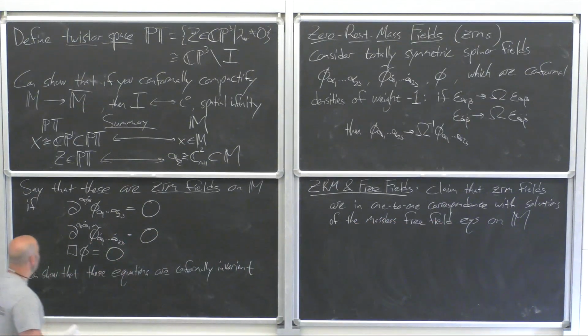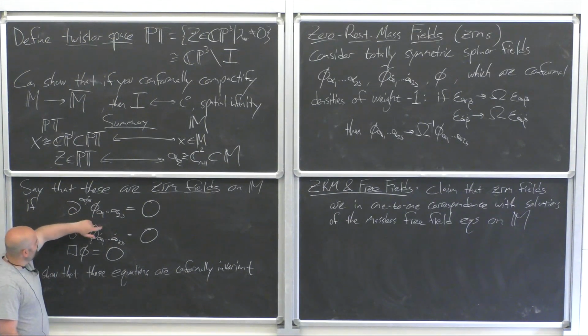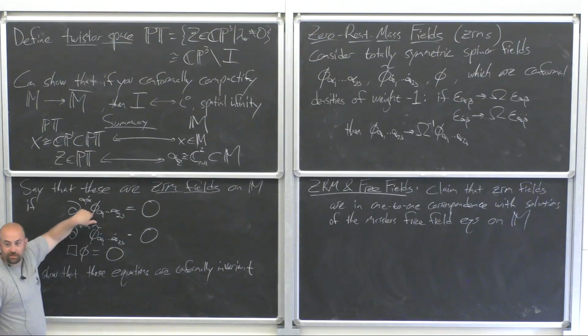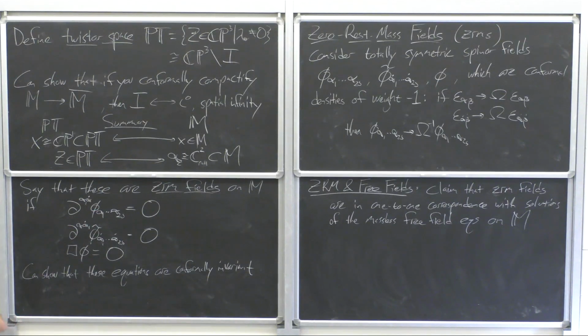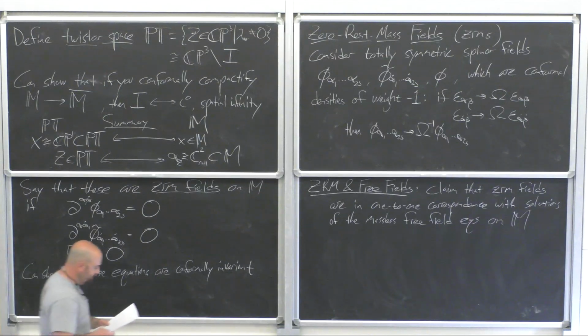So the idea is that rather than thinking about, for instance, a metric perturbation that satisfies the linearized Einstein equation, we could think of some zero rest mass field where this s is 2, so some totally symmetric four-component spinor that obeys this first order PDE, okay? So everything I'm going to say for the next 10 minutes or so is going to try to convince you of this fact.